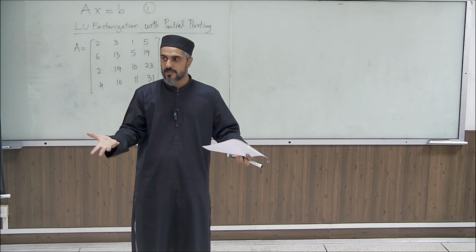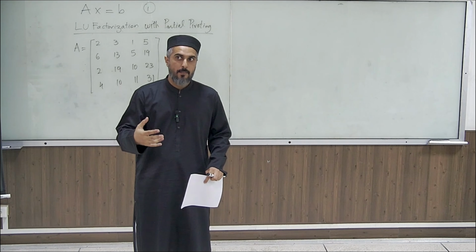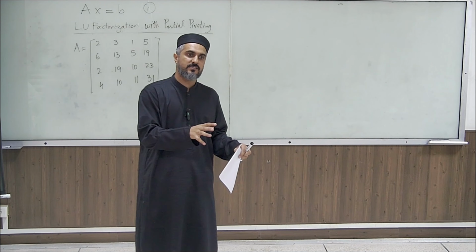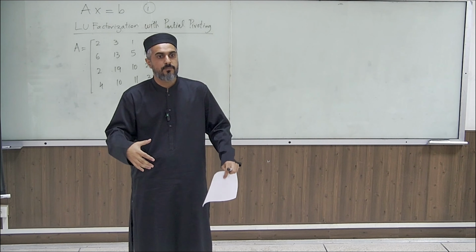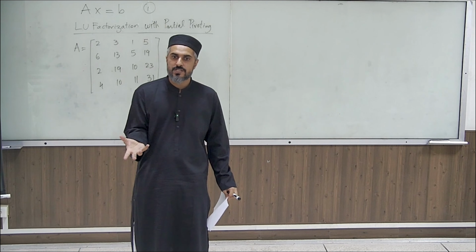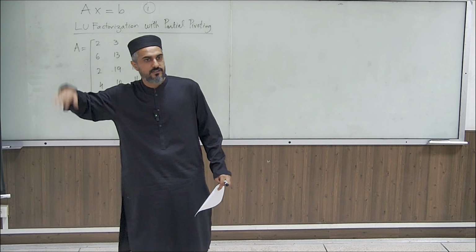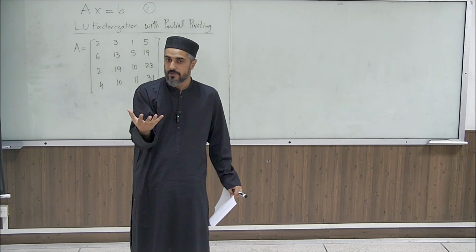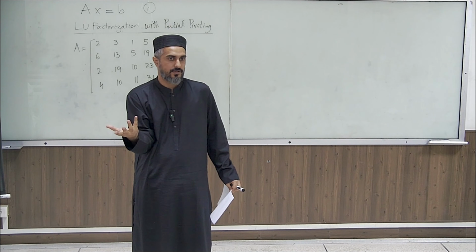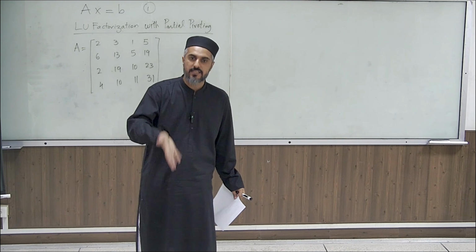So in other words, LU factorization is applicable on a problem where the coefficient matrix is the same but the right hand side is changing. You can solve more problems by changing the same coefficient matrix into an LU form. If the right hand side is changing, the coefficient matrix will remain the same because we have just converted it. But in Gauss elimination we can't do that because we have to carry the right hand side.